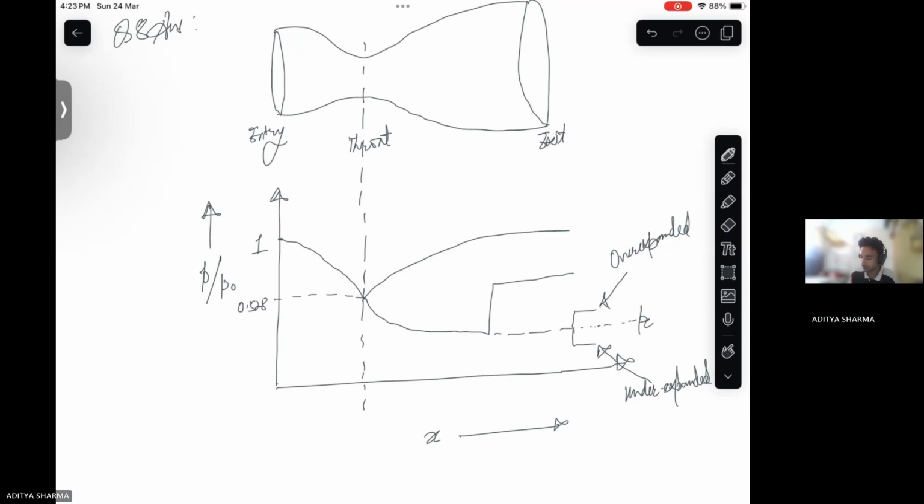And here PE equals PB for this case, right?